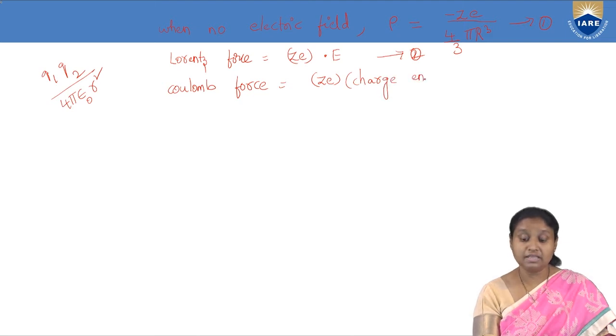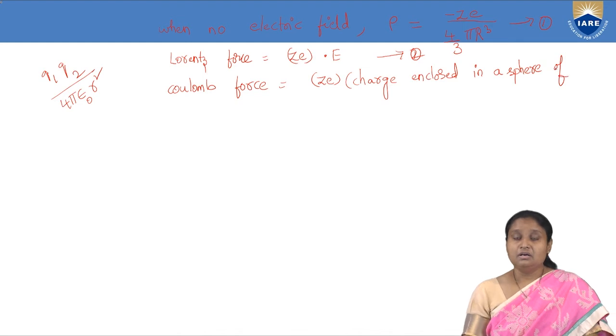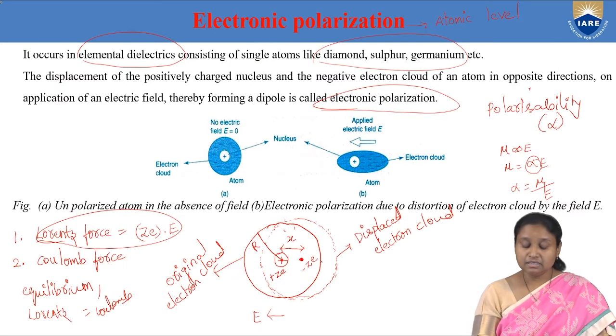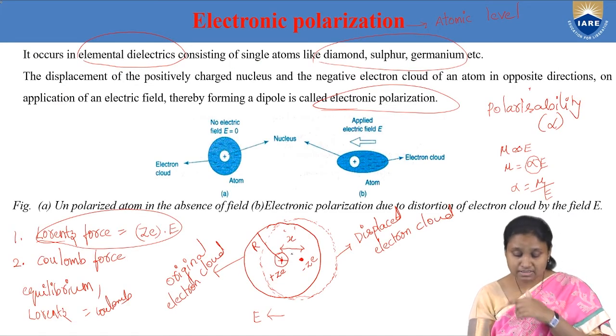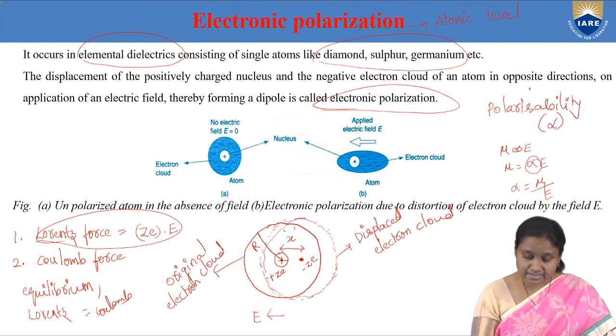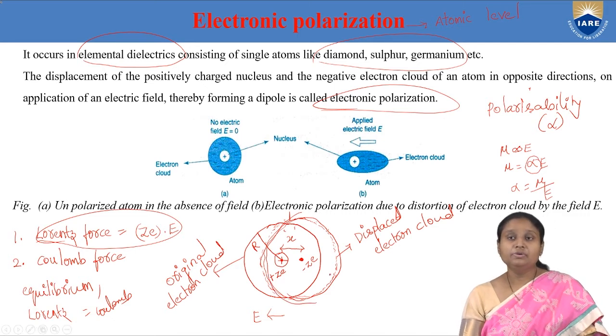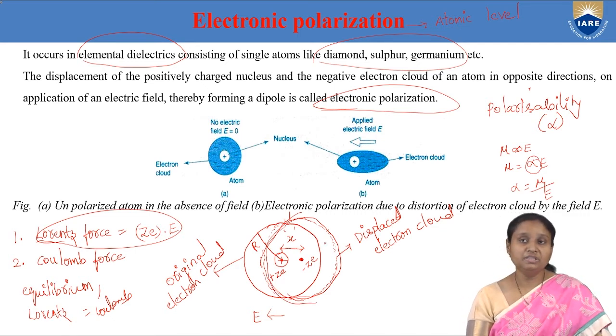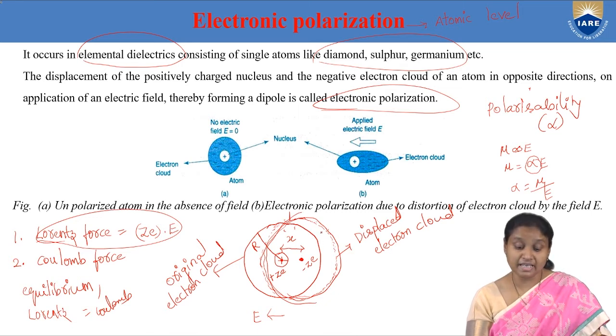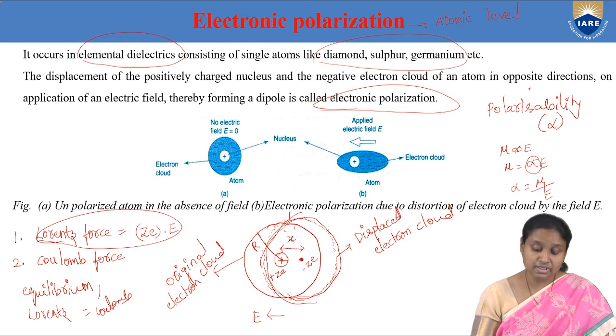Now it is there in a sphere whose radius is x, and we don't know that x is equal to R. As you can see here, this electron cloud will be formed as if its radius is x. Now we need to find how much charge distribution is there in this new sphere whose radius is x. Actually, this nucleus will be here.